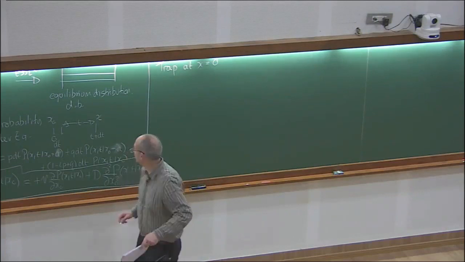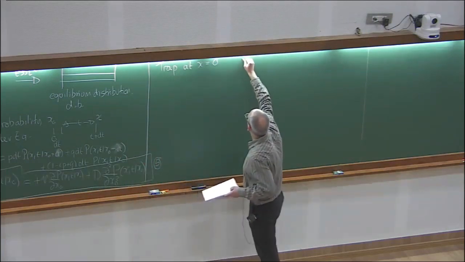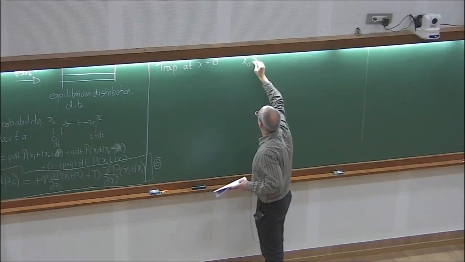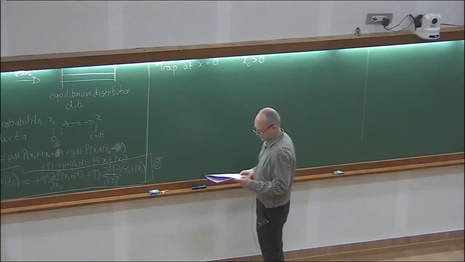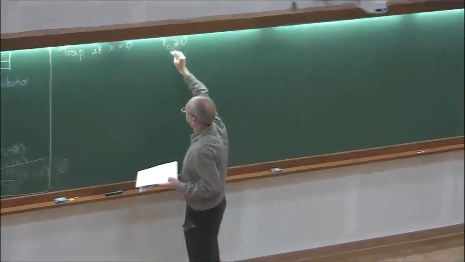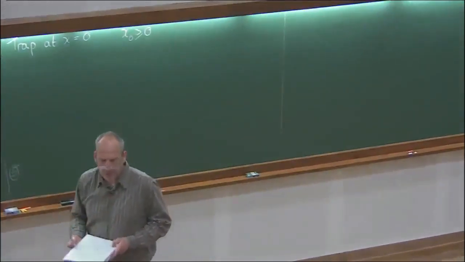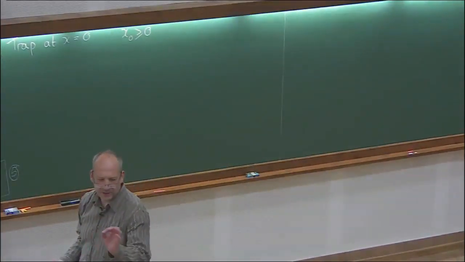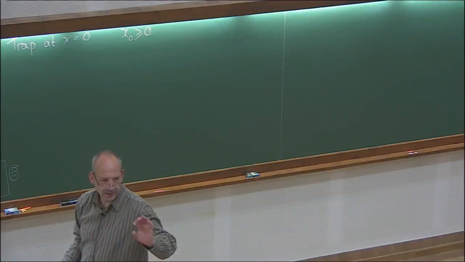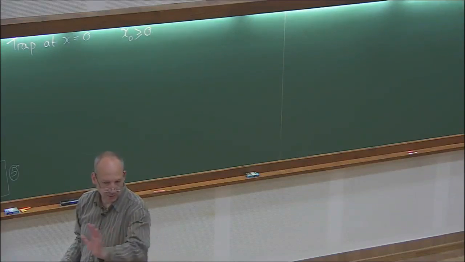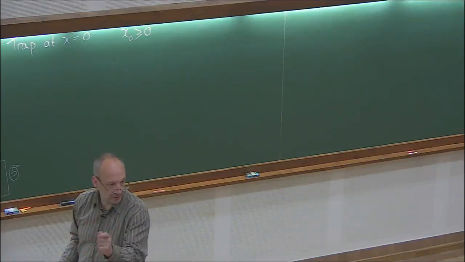Also, let me take x naught greater than 0, just to fix things. So basically, because when it hits the trap, the particle gets absorbed, then x will always be greater than 0, because this trap is at x equals 0.